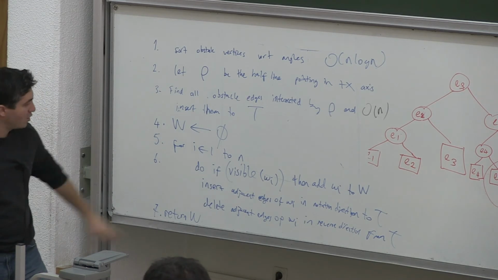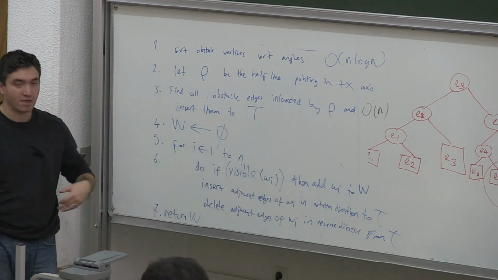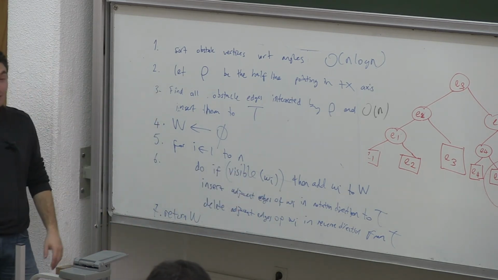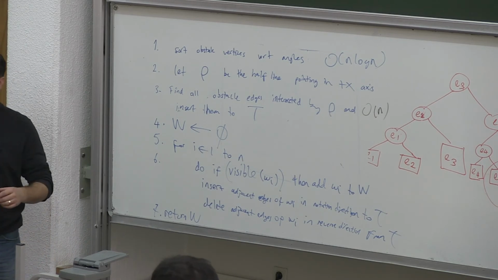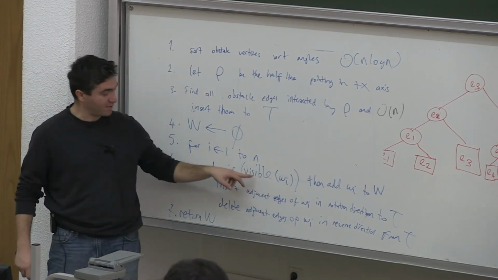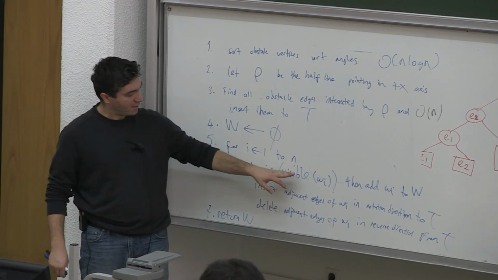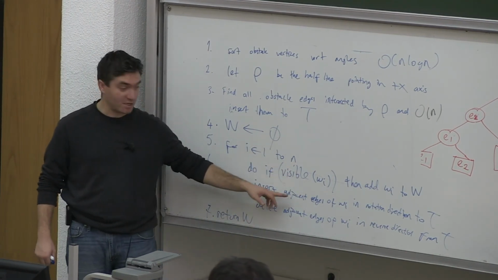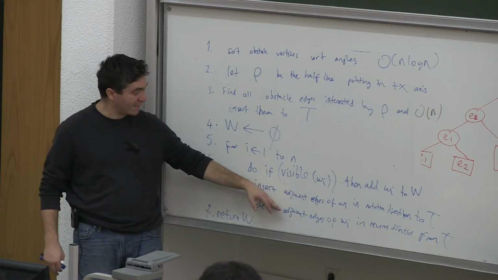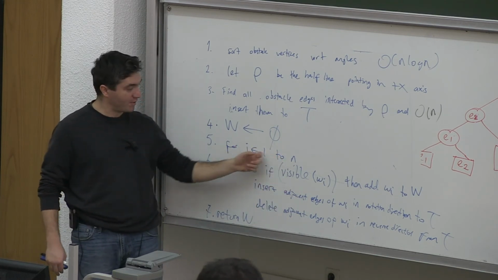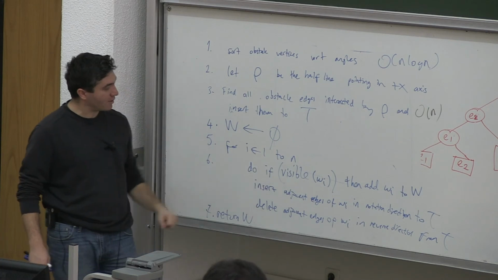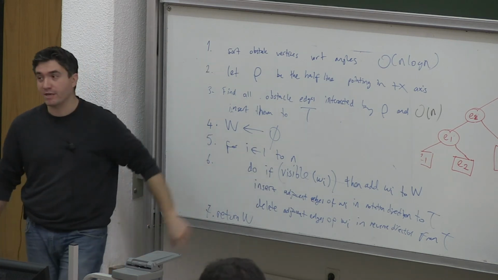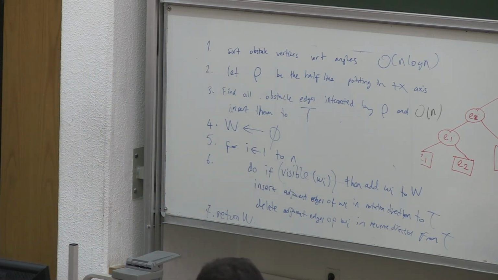We are going to make use of the search structure T, which guarantees log n operations because it's a balanced binary search tree. So this visibility check is going to take log n time, and inserting and deleting edges from this tree is also going to be log n time, and this loop is n. So n log n also comes from here. So the overall complexity of the algorithm is going to be n log n.